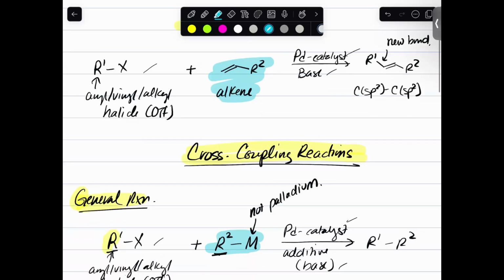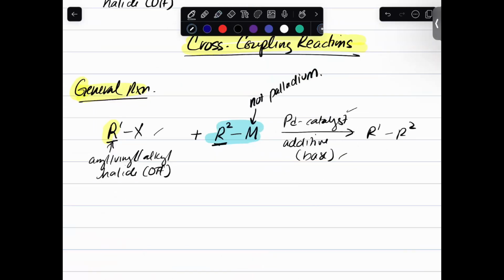So, again, this is the general reaction of cross-coupling reactions. R2 can be an aryl, vinyl, or alkyl group.